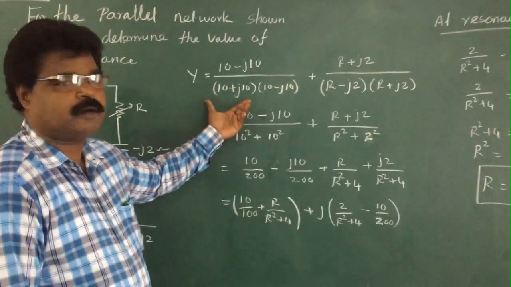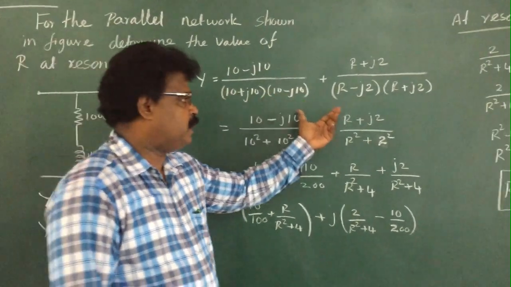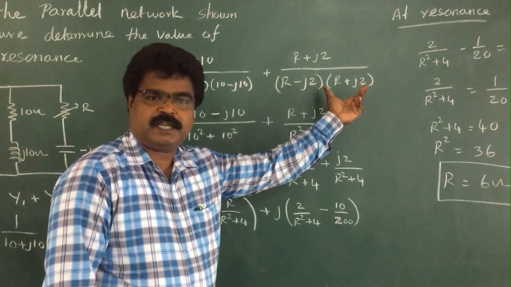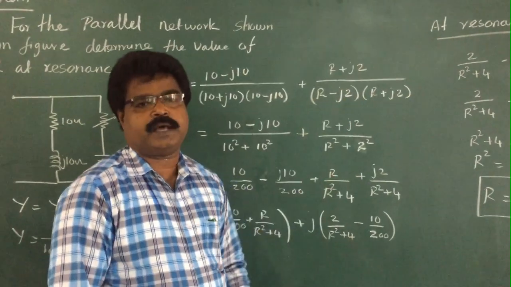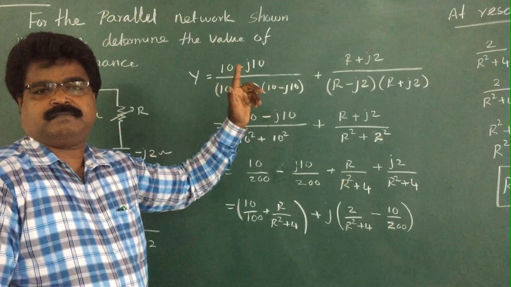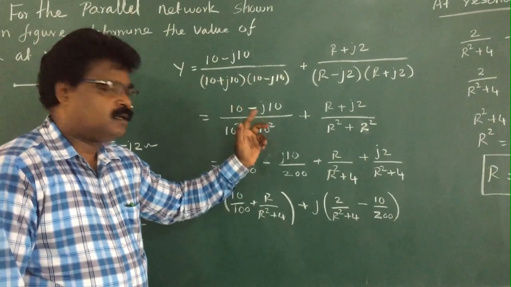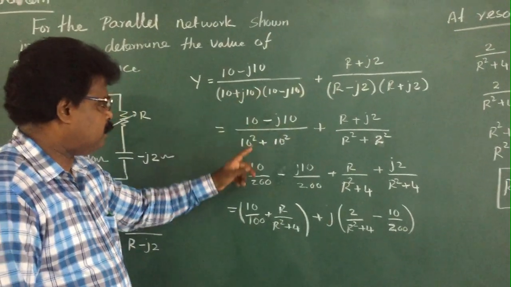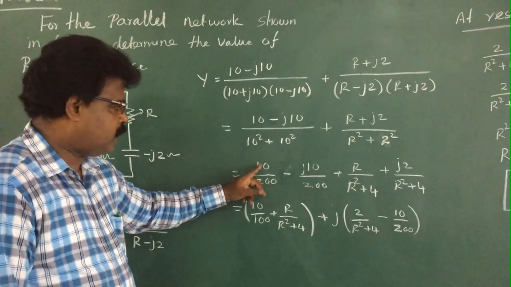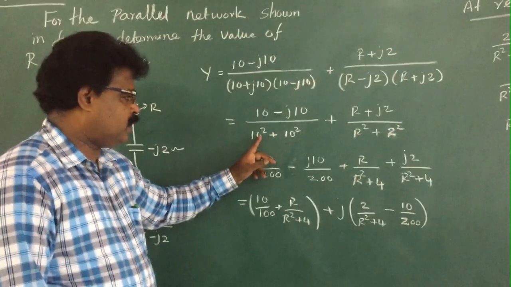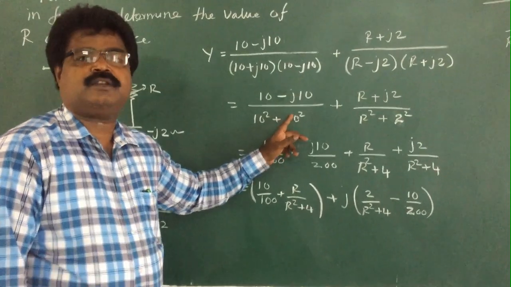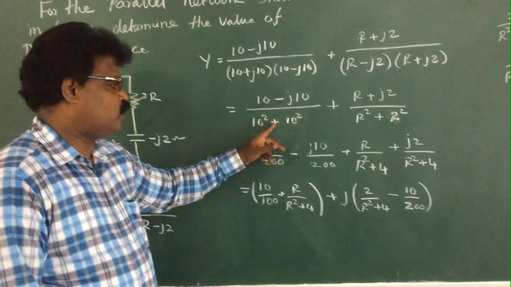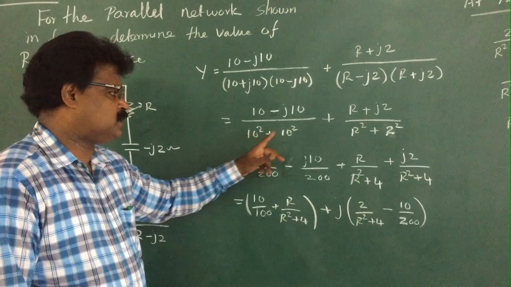If you multiply the complex conjugate in both numerator and denominator, the denominator is of the form a plus b into a minus b, which is a square minus b square. If you substitute the value of j square, minus changes into plus. So the denominator is 10 square minus j square into 10 square, and j square is equal to minus 1, so it comes 10 square plus 10 square.